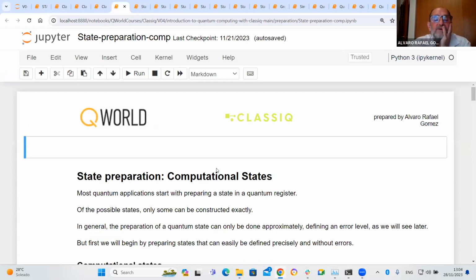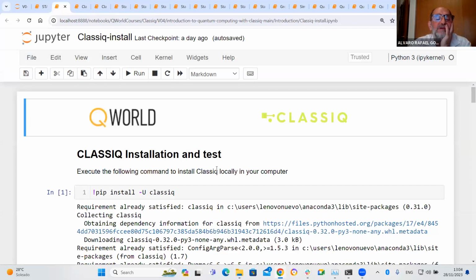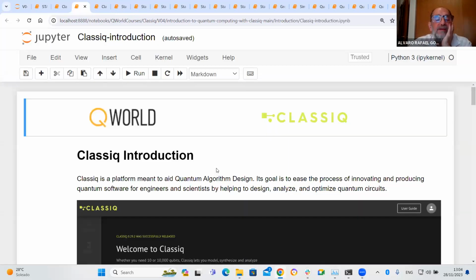Regarding the introduction to quantum computing, I think we will refer to other courses and show the minimal concepts necessary to go to the platform and operate.